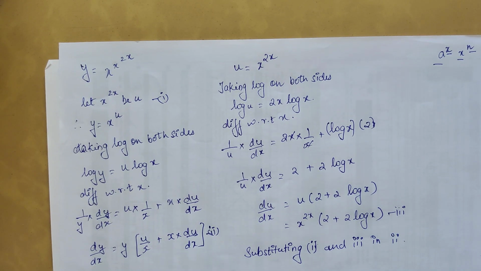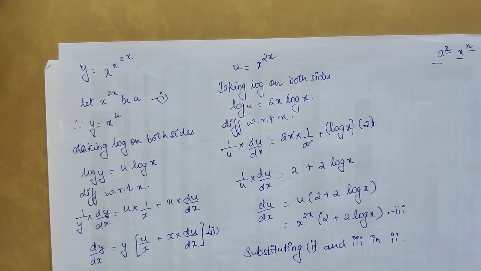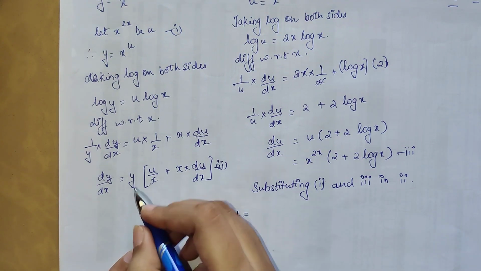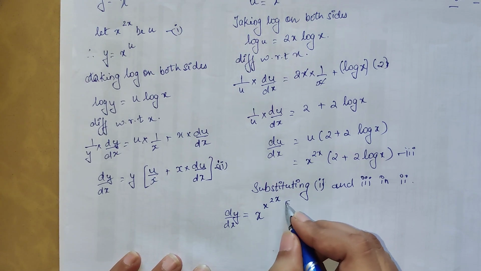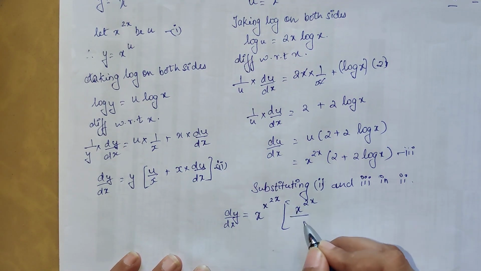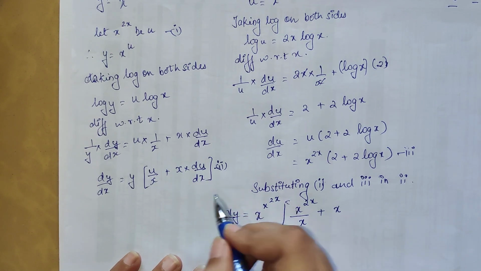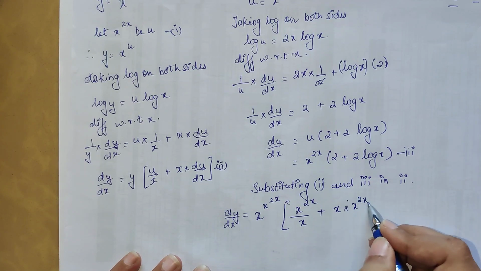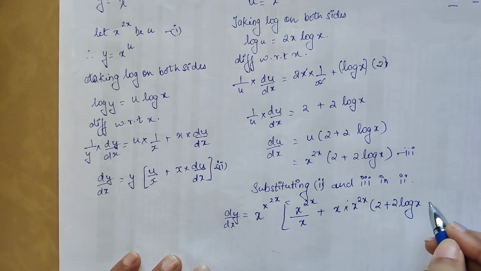So now your dy by dx is equal to y, which is nothing but your question, x raised to 2x, the whole multiplied by u, which is x raised to 2x upon x plus x into du by dx, which is nothing but into x raised to 2x, the whole multiplied by 2 plus 2 log x.